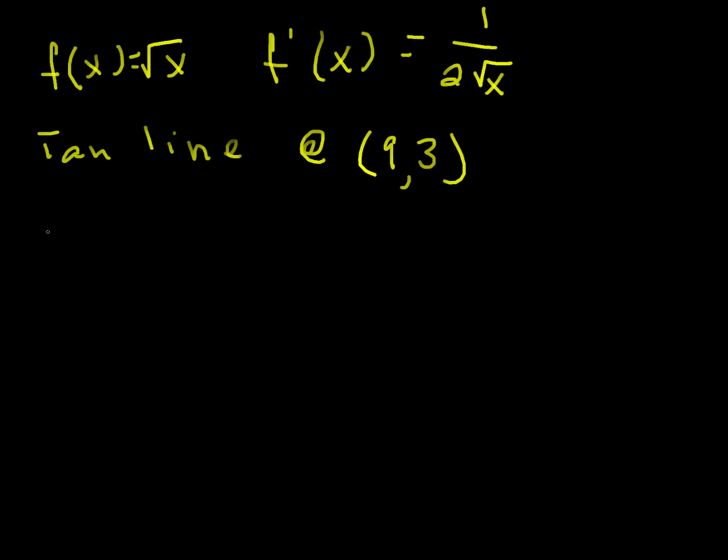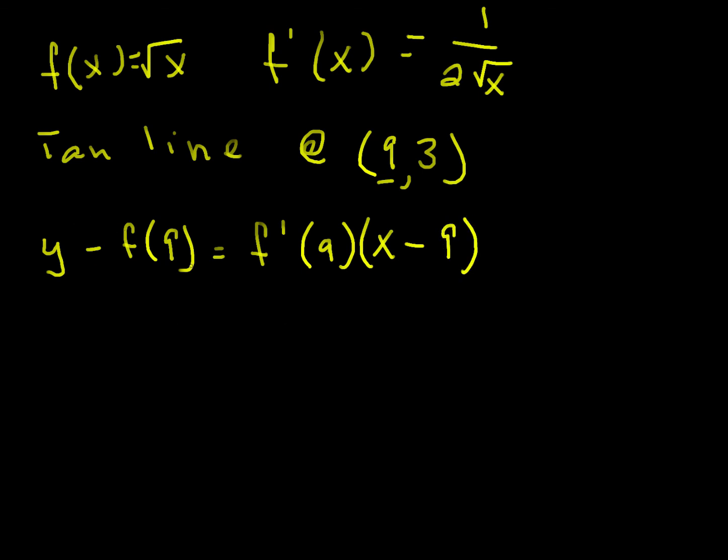So just writing our formula out, we know that it's going to be y minus f of what value? 9, is equal to f prime of what value? 9, times x minus what value? 9.